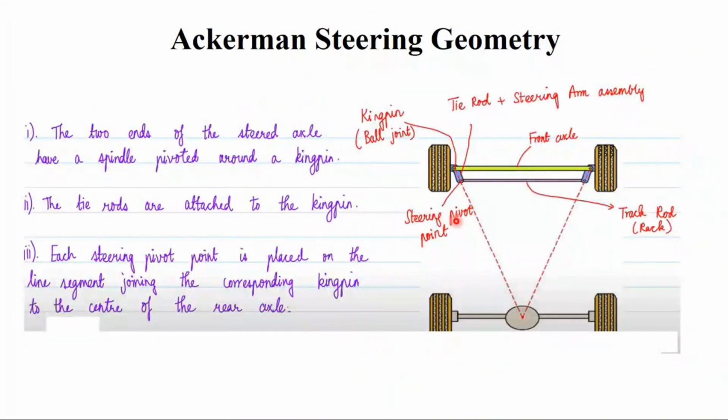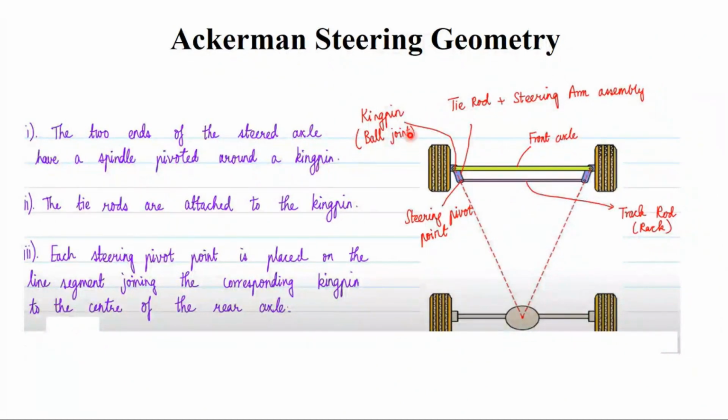Now we'll see what the different linkages are. I told you this is the front axle, right? This is one linkage. And you see here that this is the track rod, also called a rack. You have a point which is nothing but the kingpin or a ball joint.